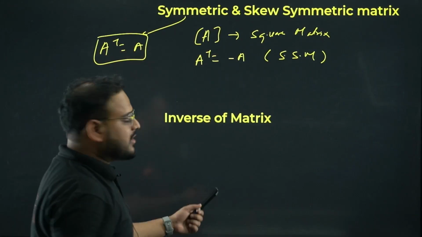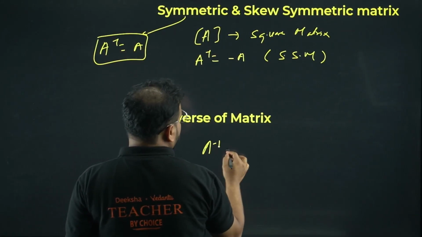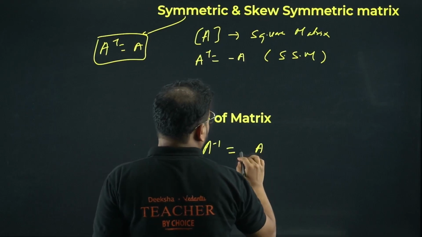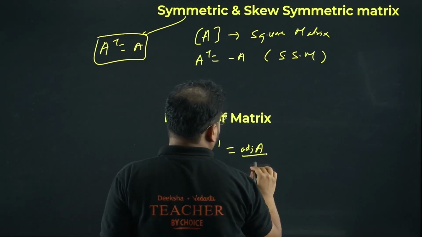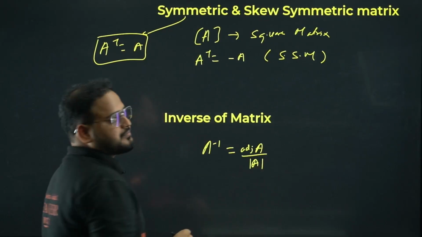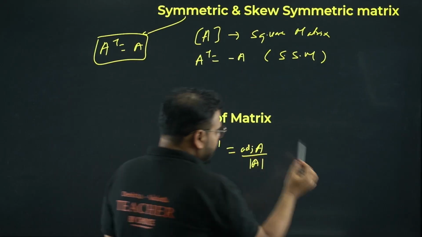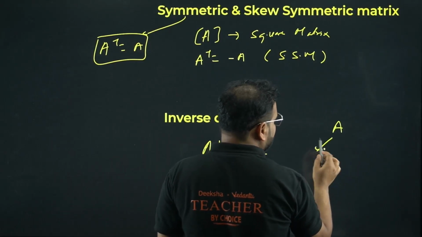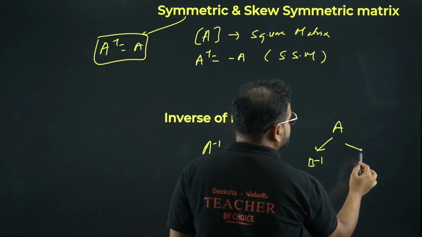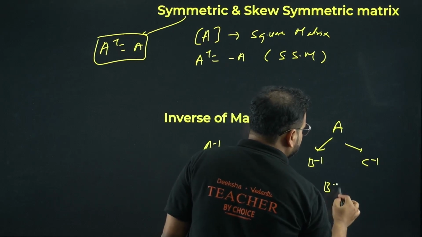Okay, inverse, you know this very well. Inverse will be given by, remember, adjoint of A upon determinant of A. Okay, all right. So for one matrix A, if they're saying that two inverses exist, means we have B inverse and C inverse, it means that B inverse will be equal to C inverse.